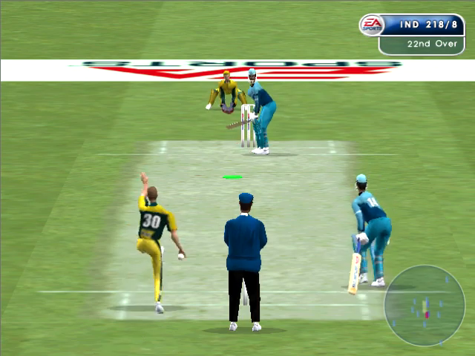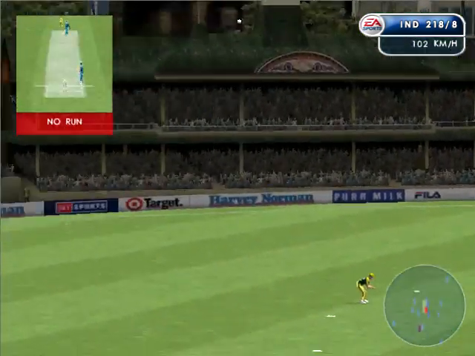Gillespie to Tumbling. The required run rate is looking more and more out of reach here.